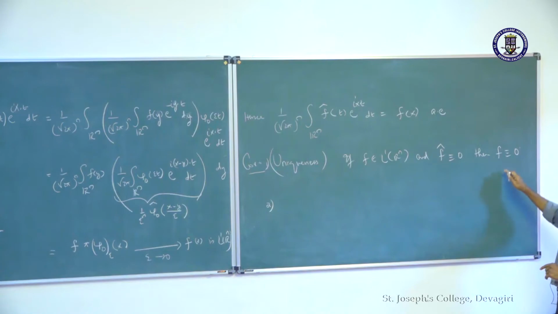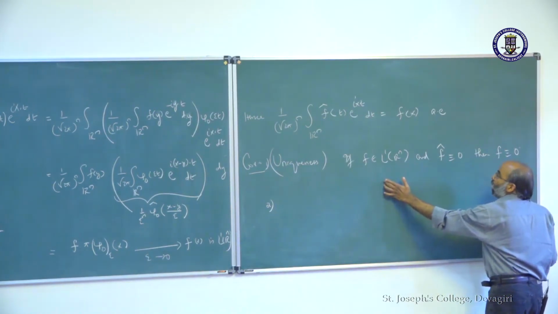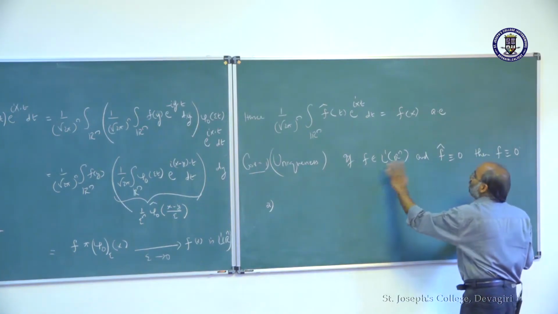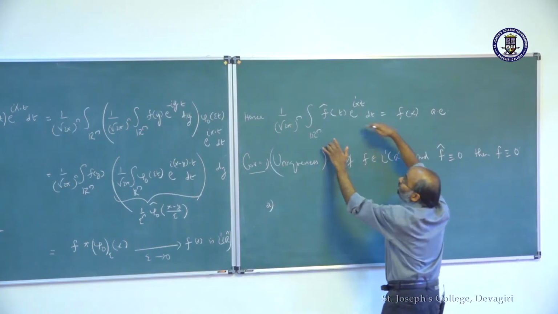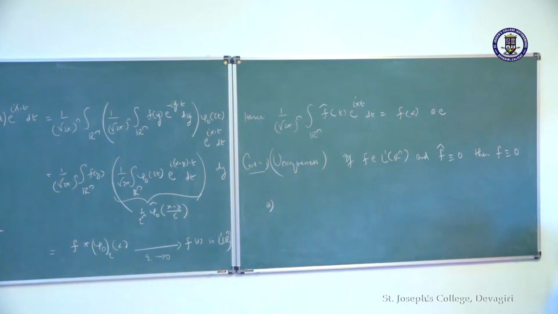It follows from applying the inversion, because if f is in L1 and f hat is 0, that is in L1, then you can recover f from f hat by this formula. But f hat is 0, so this is 0, which means f is 0 almost everywhere. So it is a uniqueness.